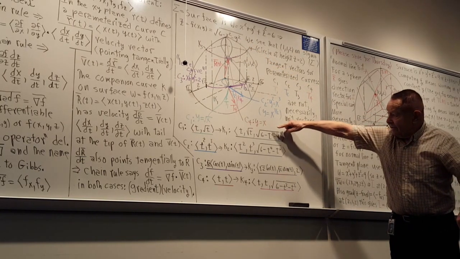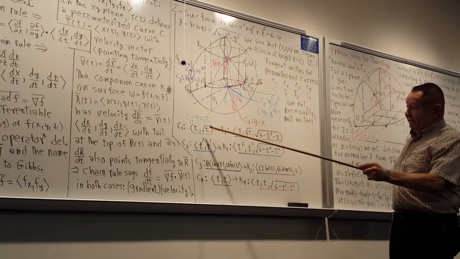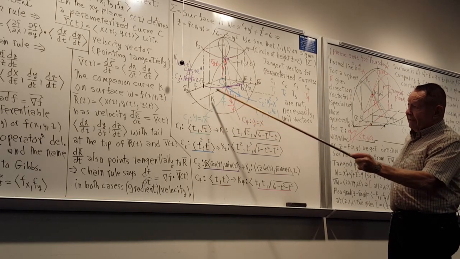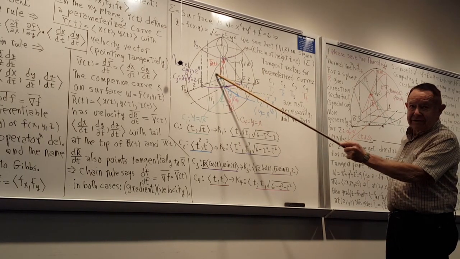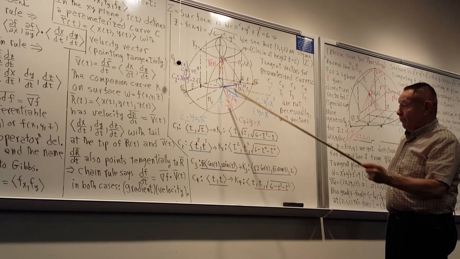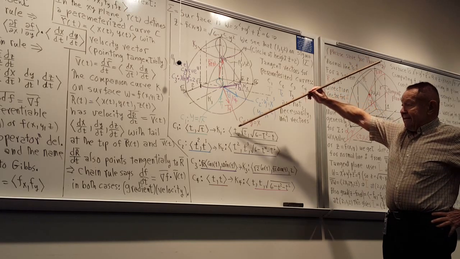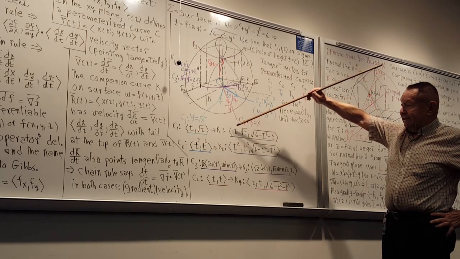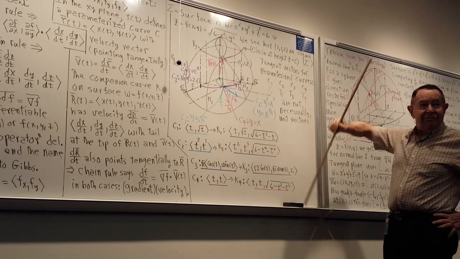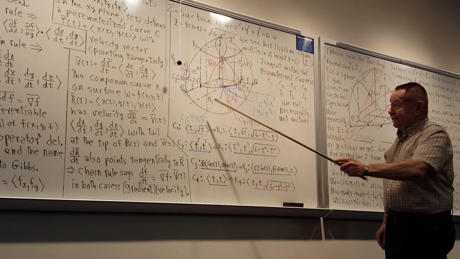So this is the parameterized companion curve. In the first line here, the curve C is the lighter green, and the companion curve is the darker green. So it goes through the point 1, 1, 2, and you can see that. For example, if t is 1, you have 1, square root of 1, and then square root of 6 minus 2, which is 2, and comes down like this.